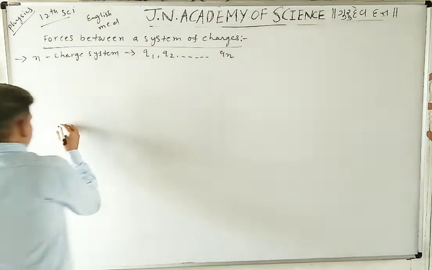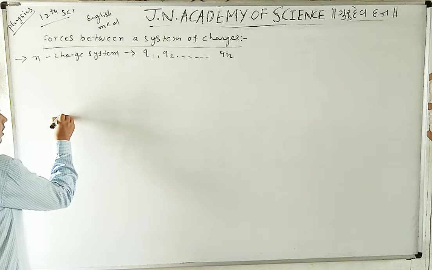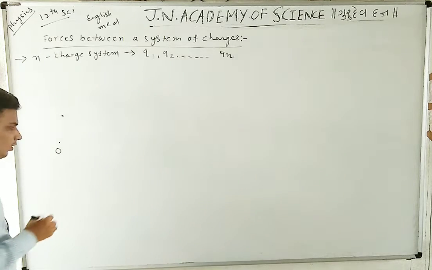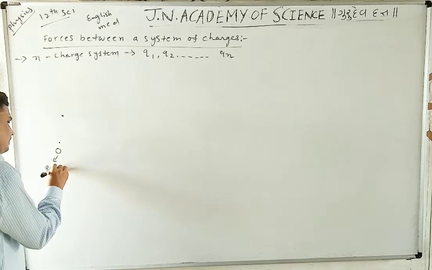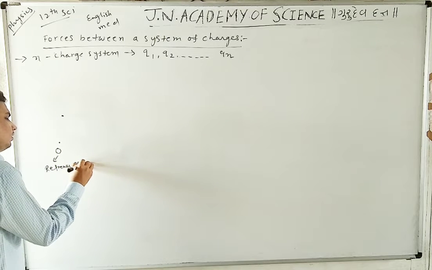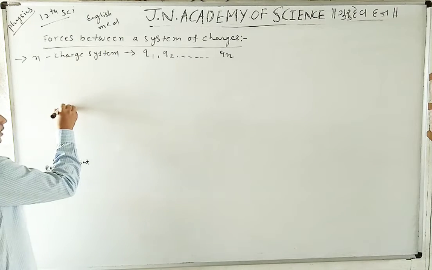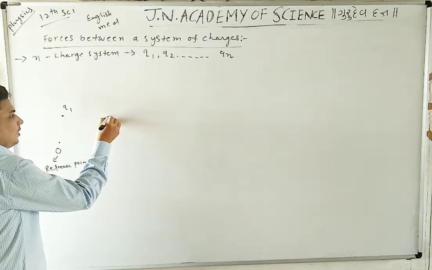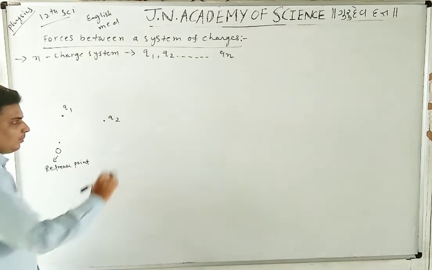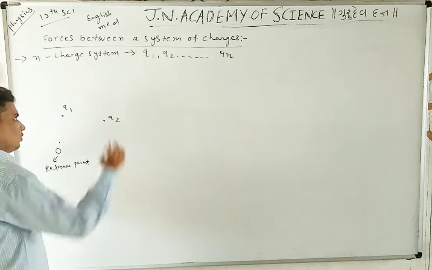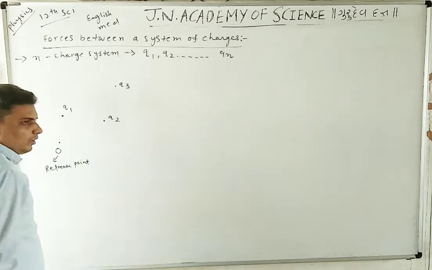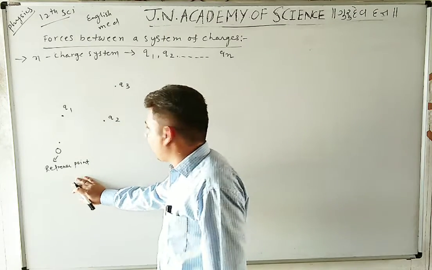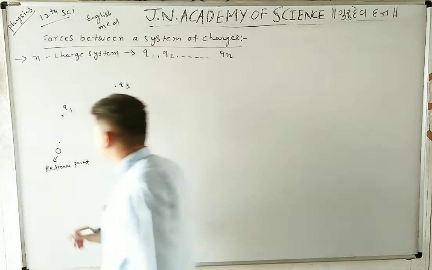So let us take one reference point O. This is nothing but a reference point. Let us take point charge Q1, point charge Q2, point charge Q3. So right now I am considering only a 3 charge system with respect to the reference point.